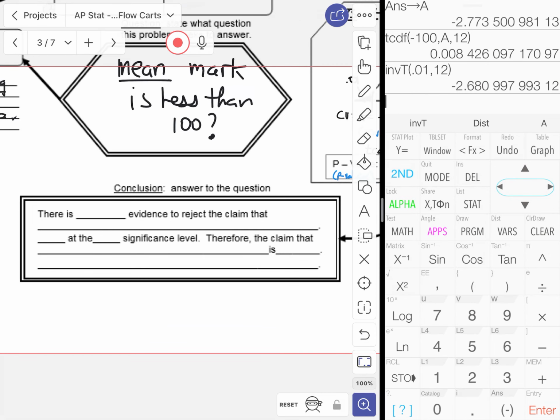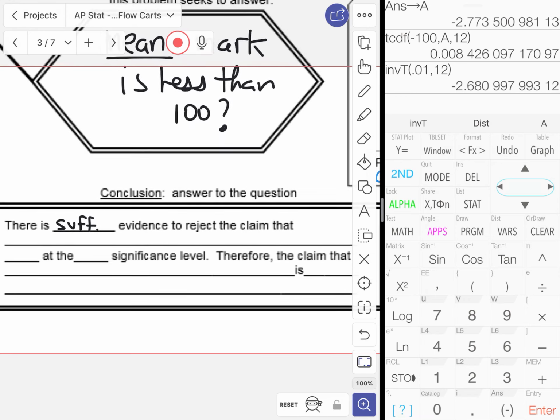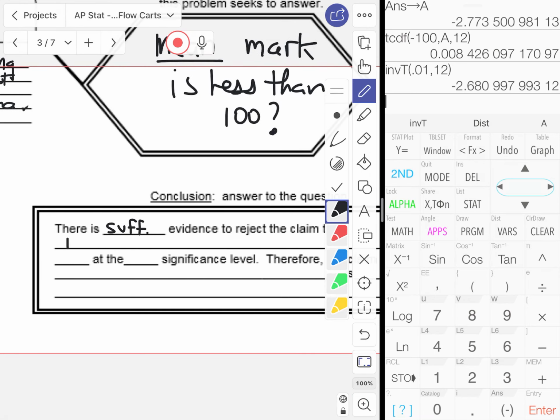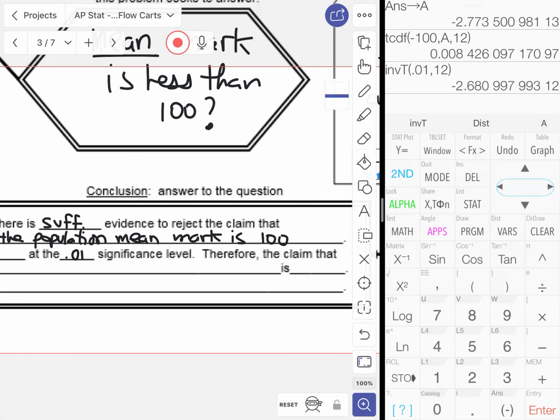You can paraphrase any way you want as long as you get the idea across, but there is sufficient evidence to reject the claim that the population mean mark is 100 at the 0.01 significance level.